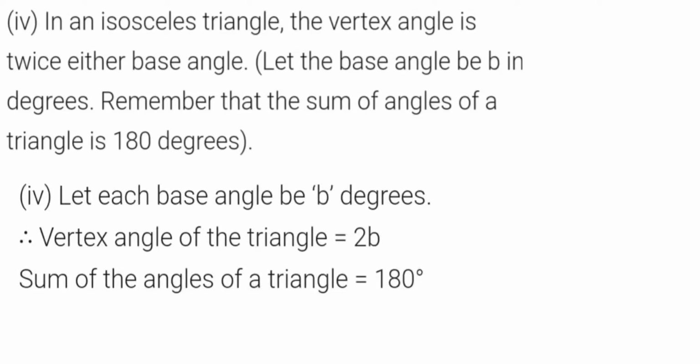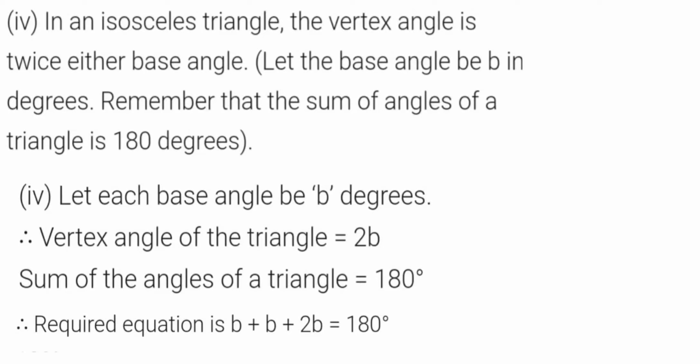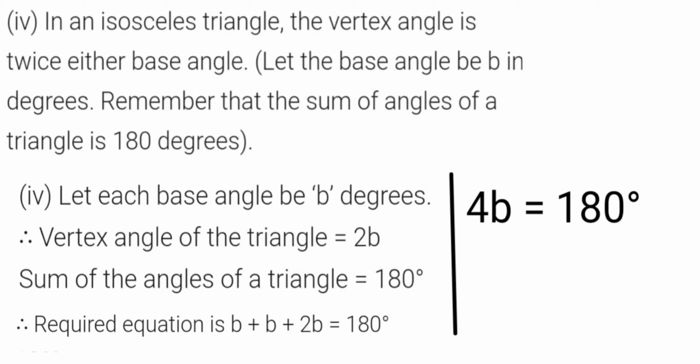Let the base angle be B. The vertex angle is twice its base angle, so the vertex angle is 2B. The sum of all angles is 180. So the equation becomes B plus B for the two base angles and 2B for the vertex angle. So B plus B plus 2B equals 180 degrees. These are like terms. So 4B is equal to 180 degrees.